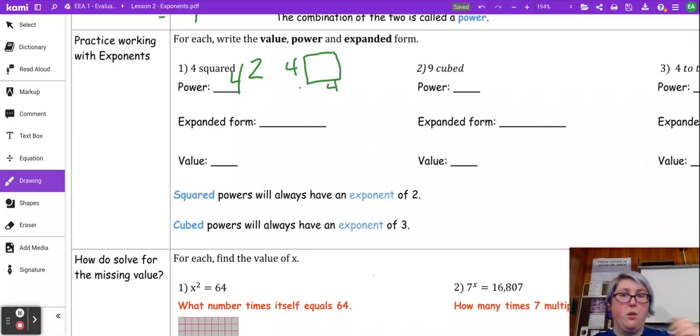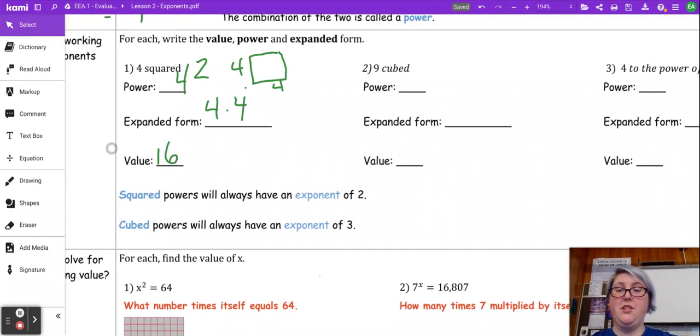So the square, 4 squared, is 4 times itself. Expanded form means we write out however many bases. So here is our 4 times 4. And the value is the solving, is the answer. So 4 times 4 is 16. There's our value. So you'll see squared powers always have an exponent of 2.